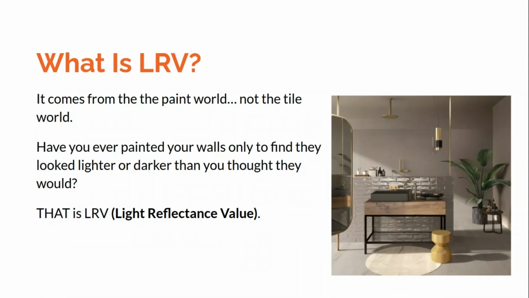That's where LRV becomes very important when we're talking about colors. In this episode, we're going to be shifting gradually to talking about color with respect to tile, not necessarily paint, but I just wanted to tell you where that comes from. It comes from the paint world.